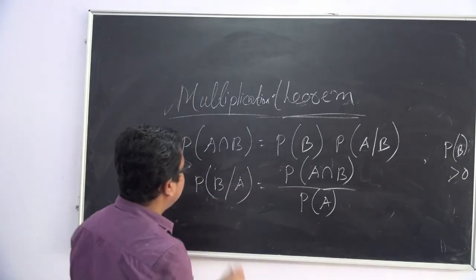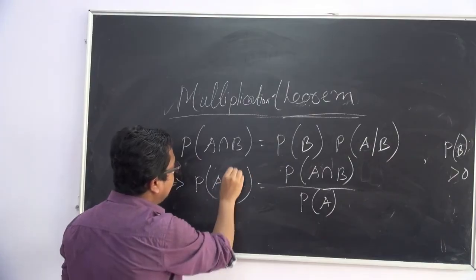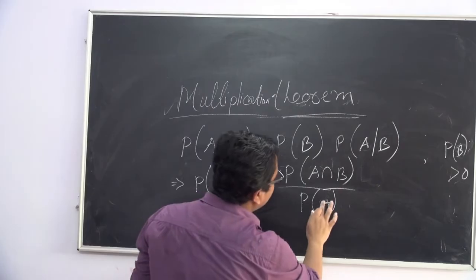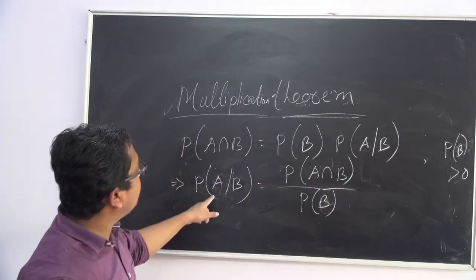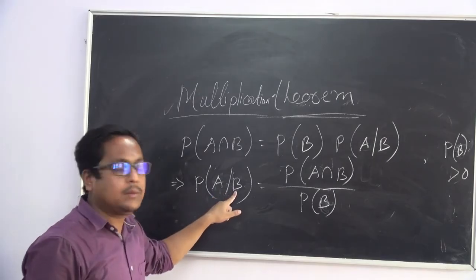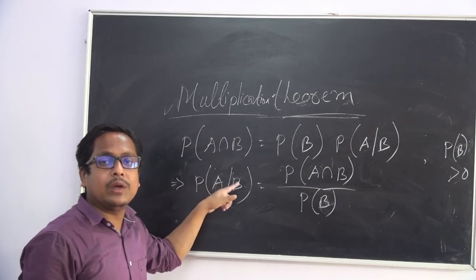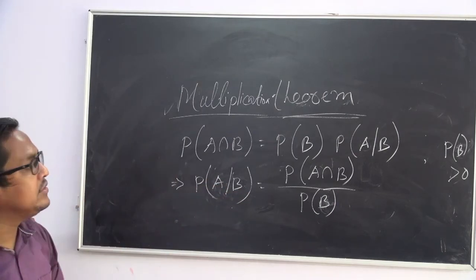From here I can write probability of A given B is equal to probability of A intersection B by probability of B. So this probability of A given B is known as the conditional probability of A, where B has already occurred. So this is the multiplication theorem.